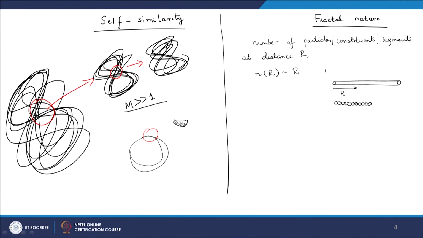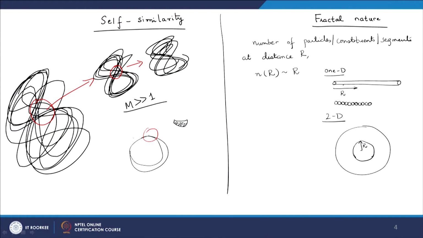If I look at a 2D object, let us say a circle, and I start from the origin and look at objects at a distance r, you can expect that the number of things you will see is proportional to the area. For one dimension it is proportional to the length, for 2D it is proportional to the area, and so the number will go like r squared.